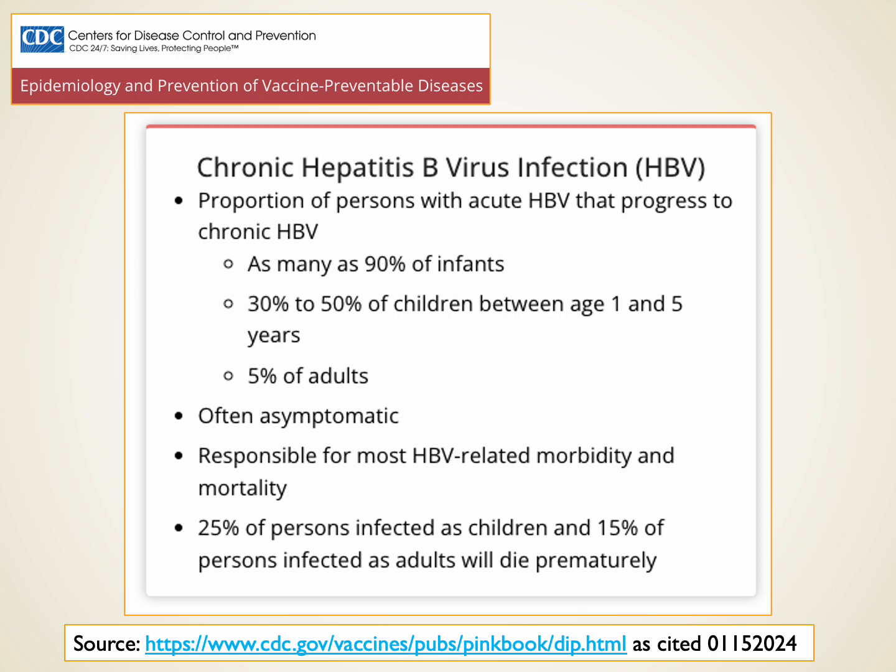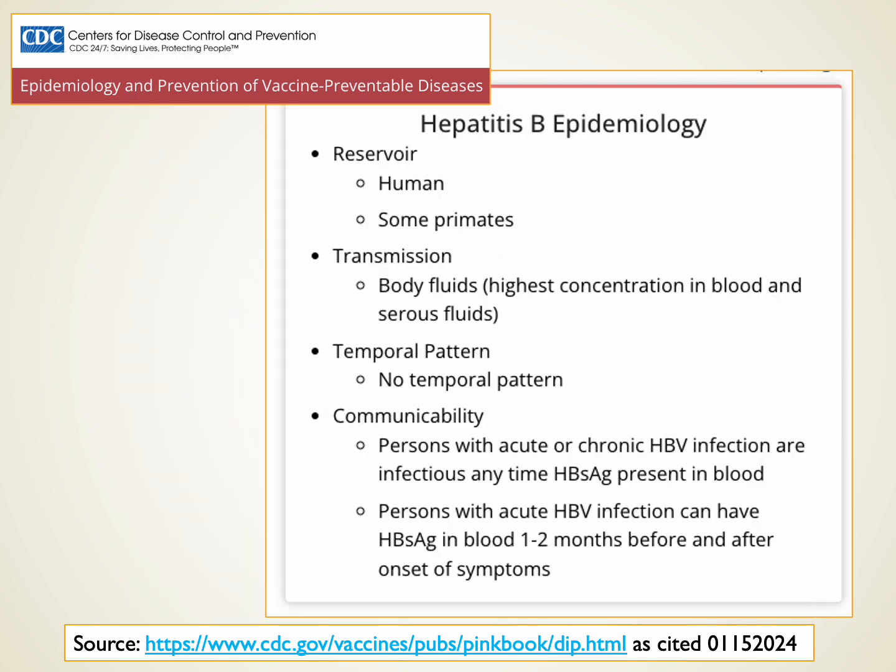Chronic hepatitis B infection happens in a subset of patients, and so it's important to prevent it. The hepatitis B vaccine is the first vaccine that we use in newborns, usually in the first hour of life. But on the epidemiology, it's a human reservoir with body fluid transmission.